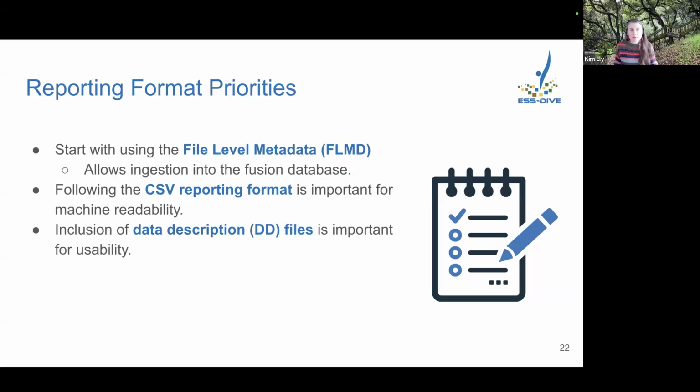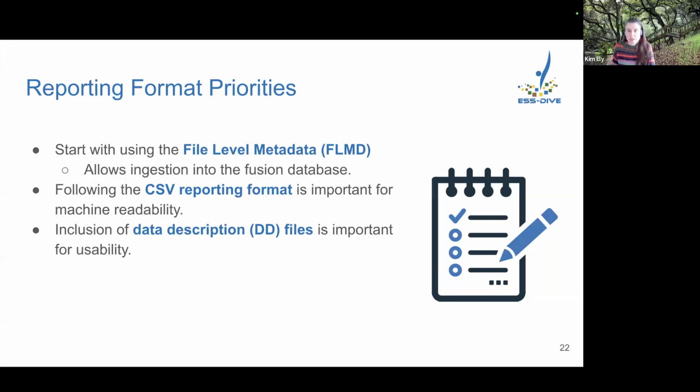And while the list of reporting formats can be a little overwhelming because there are a lot, many of them are subject specific, and so they're not all relevant to all data types. But if you need to prioritize, start with the file level metadata.